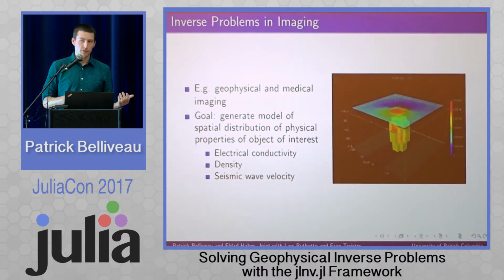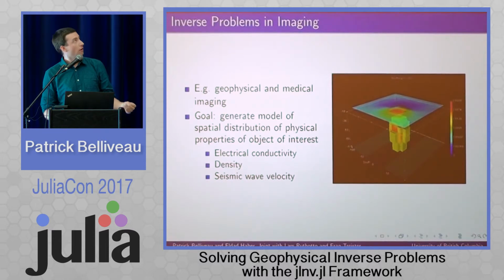For example, in the geophysical context, we might be interested in estimating how the electrical conductivity or the density of the subsurface of the Earth varies, based on measurements that you make either from the air or just at the surface of the Earth, so essentially remote measurements.